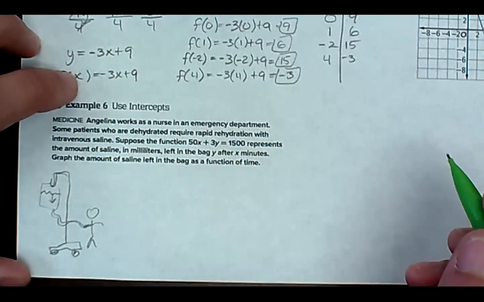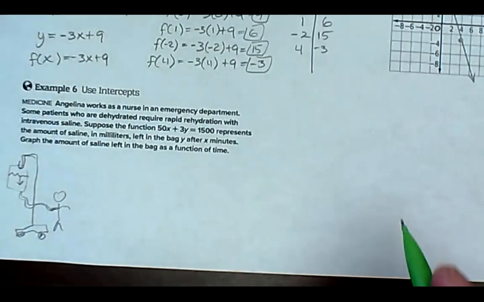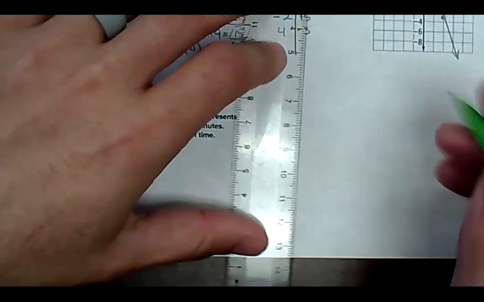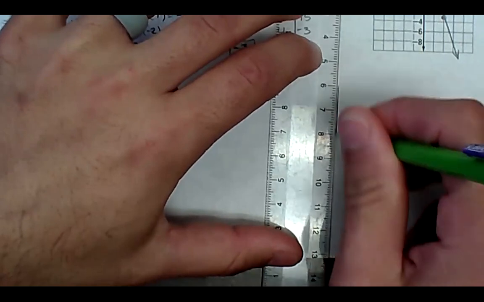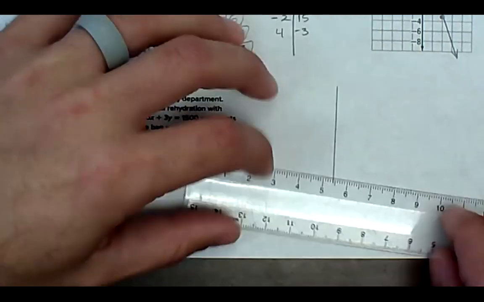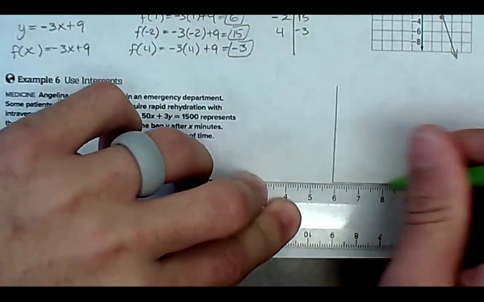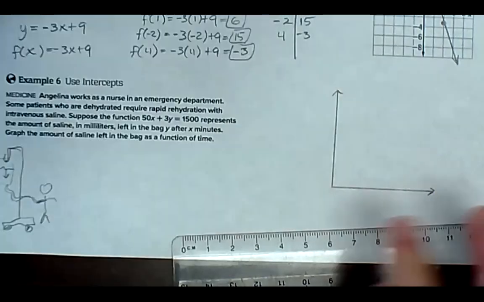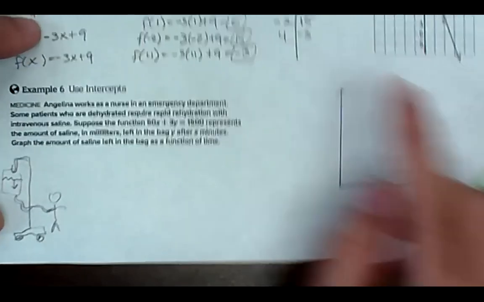Whoa, that's a lot of words here. So we're going to make a quick sketch. The very first thing I want to do is ask myself, what is this going to look like? How am I going to be graphing this? Because we learned two ways of graphing in this worksheet. Number one was creating the table of values, putting in inputs and getting outputs out, which is this right here.